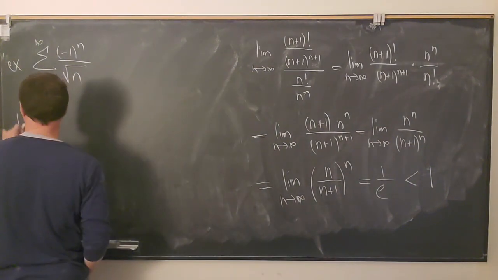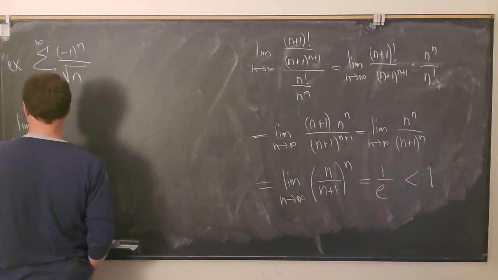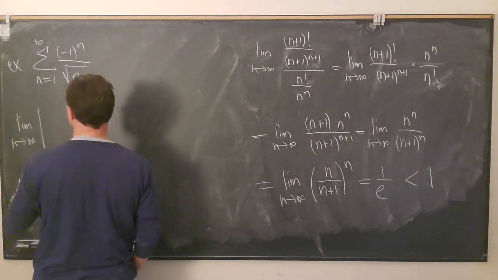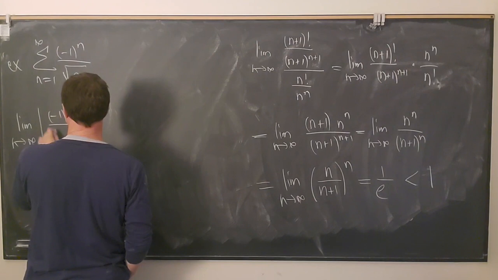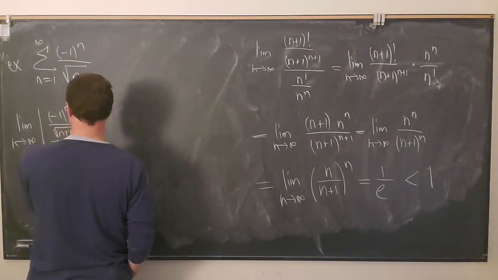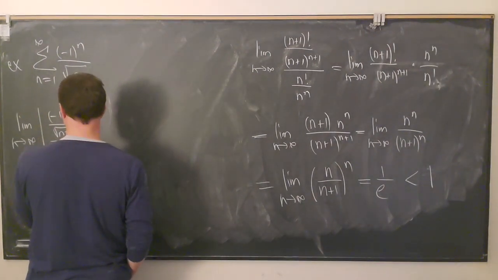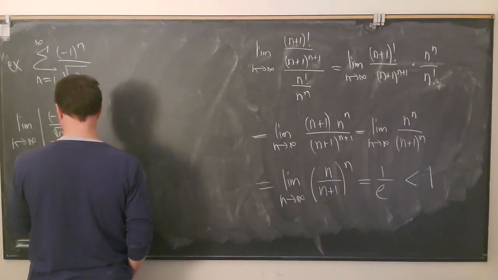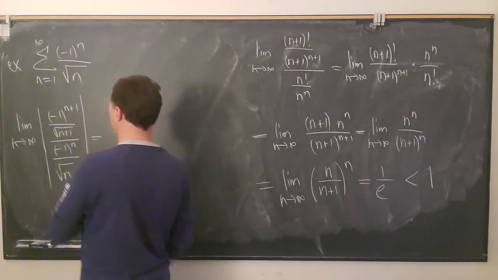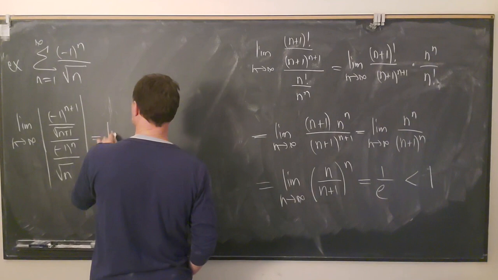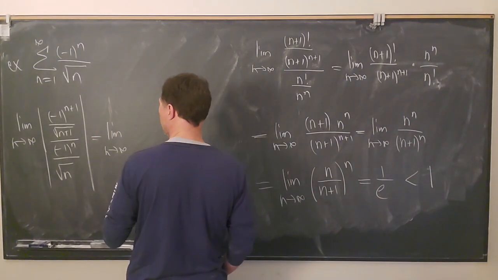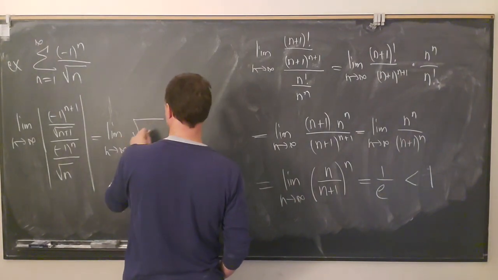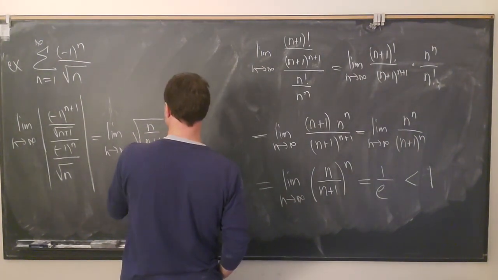So if I go limit as n goes to infinity of the absolute value of (-1)^(n+1) over the square root of n+1, divided by (-1)^n over the square root of n, and simplify, what we get is the limit as n goes to infinity of the absolute value of n over n+1.